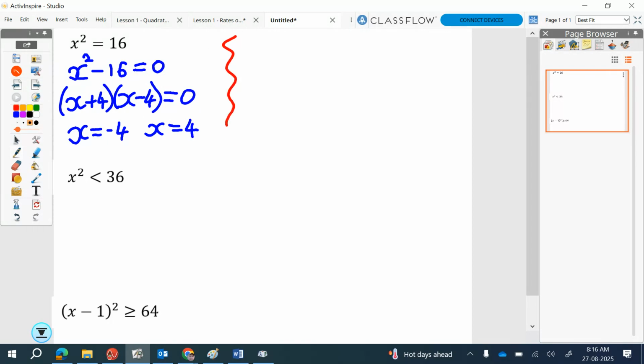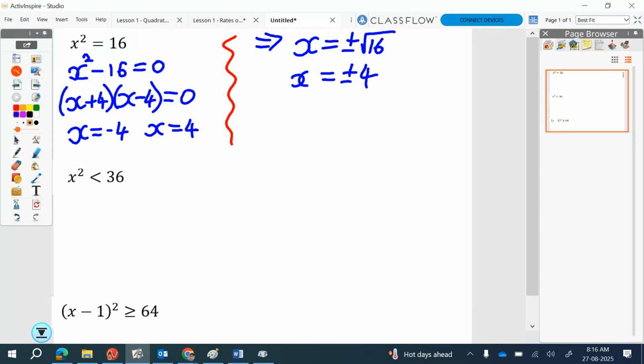Another possible method for solving the equation would be to take square roots of both sides. So in this particular case, we would say that x is equal to plus and minus the square root of 16, giving us x is equal to plus and minus 4.